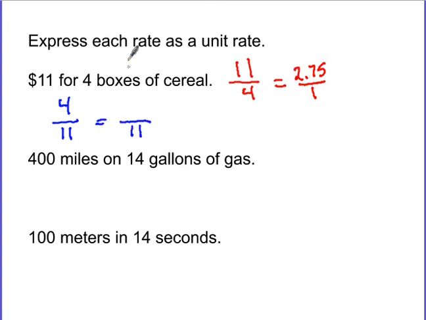It's about 0.36, with the digits repeating. Now think for a second. This means that I get 0.36 boxes of cereal for $1.